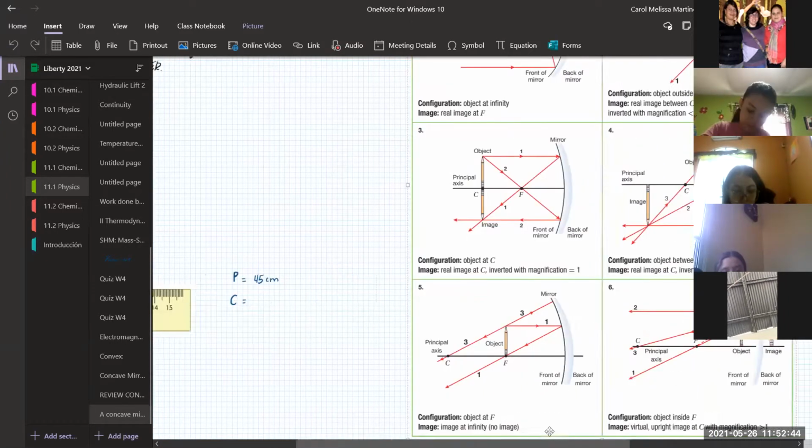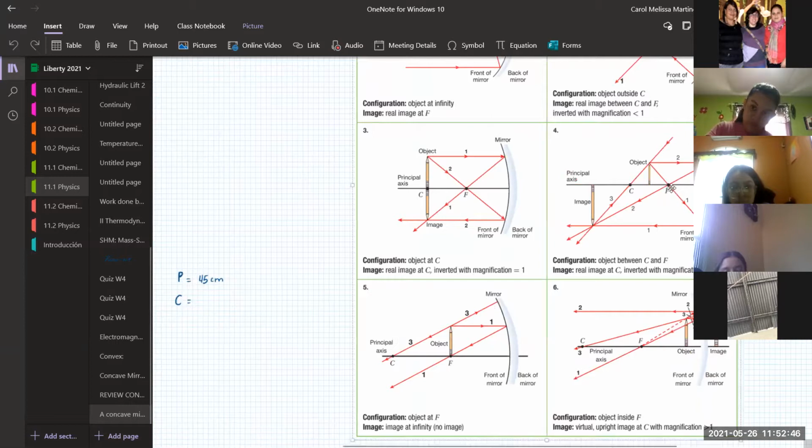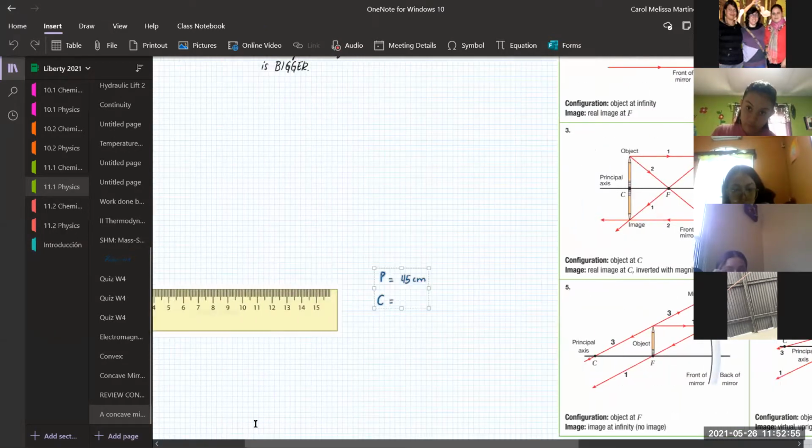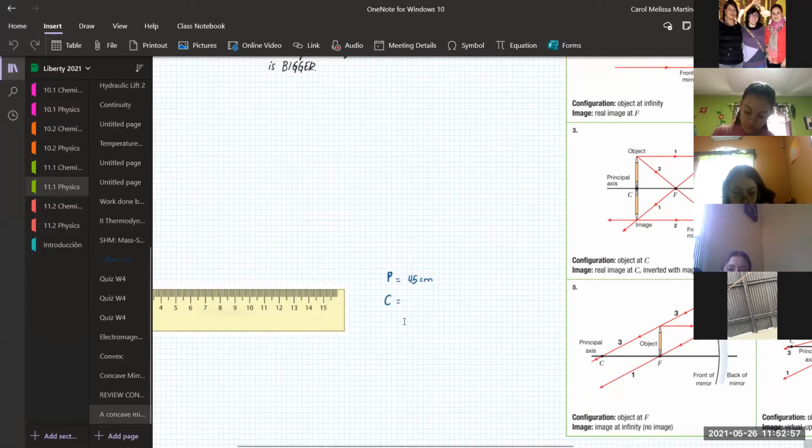Take a look here. All the rays pass through the points F and C, okay? So you need to know this. And also you need to know where the object is going to be placed. So you need to know C and F, 50 centimeters and 25 centimeters.